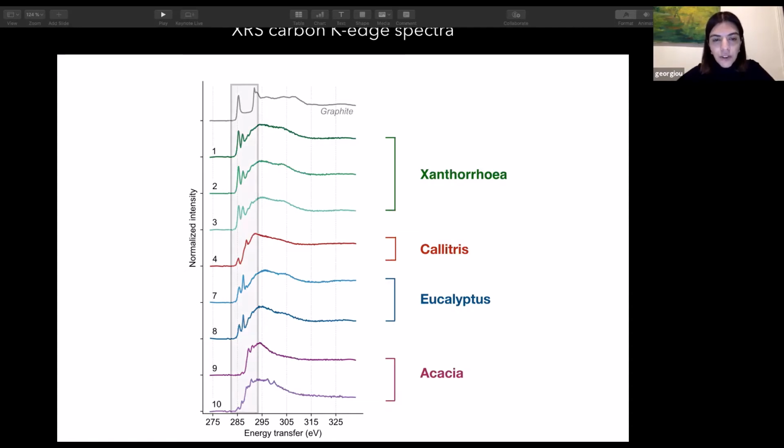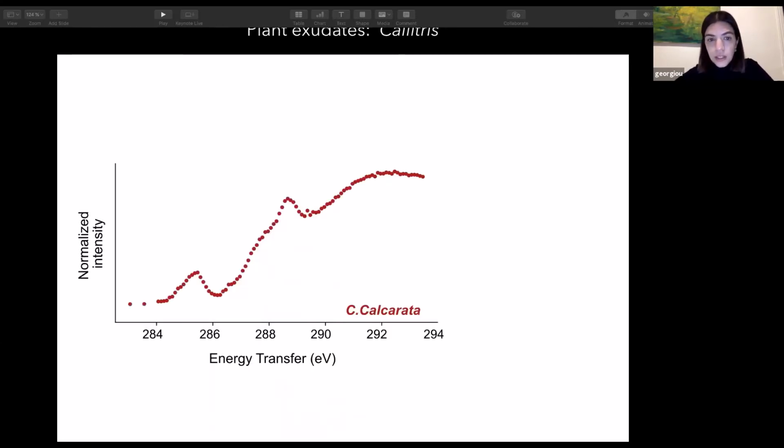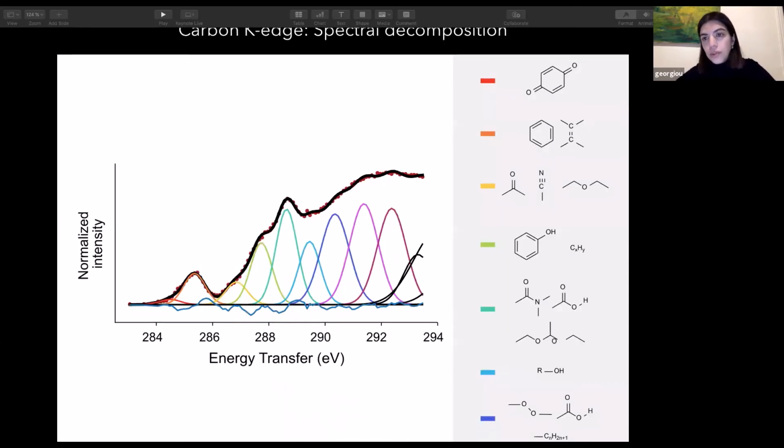We focused on this area of the edge from 283 to 291 eV, and we decomposed our signal into Gaussians whose centers correspond to transitions of known functional groups, to chemically characterize those samples.